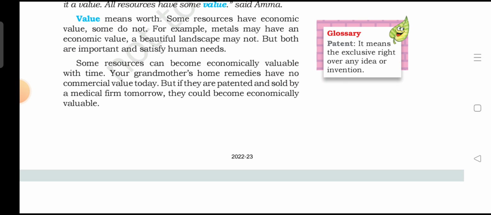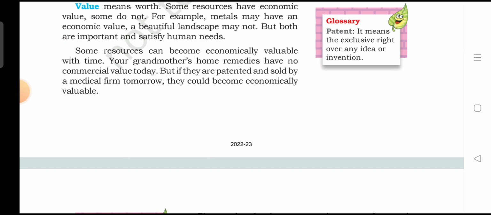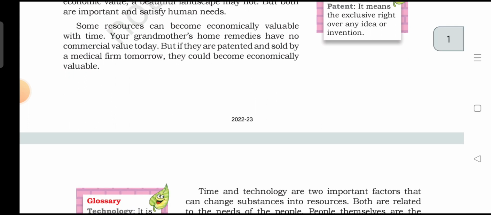Making simple things like your tables, and also your pencil box, sometimes metals are used. And if you see simple things like an almirah, all these things are made from metals, right?